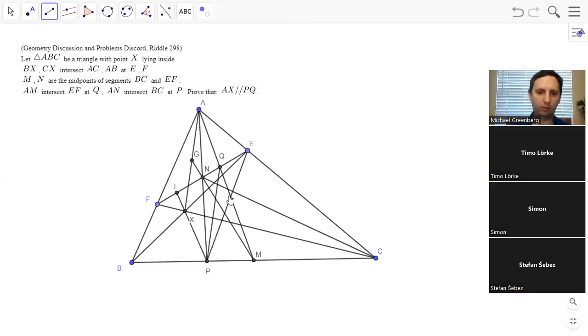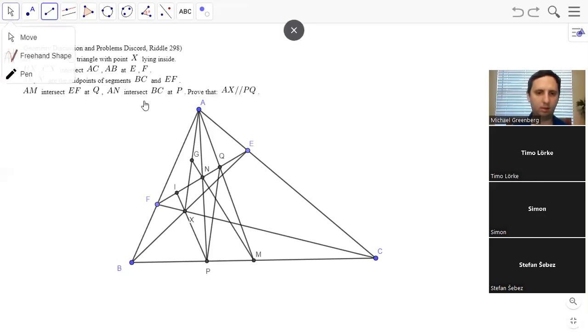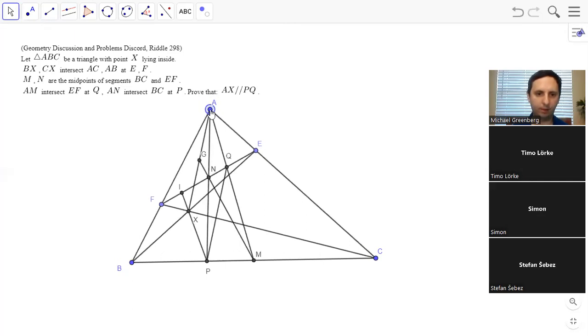No, it's close, but not necessarily. So yeah, I kind of like this because we use the Gauss line. Okay, so we want to show that those concur: GI, QX, and BC.